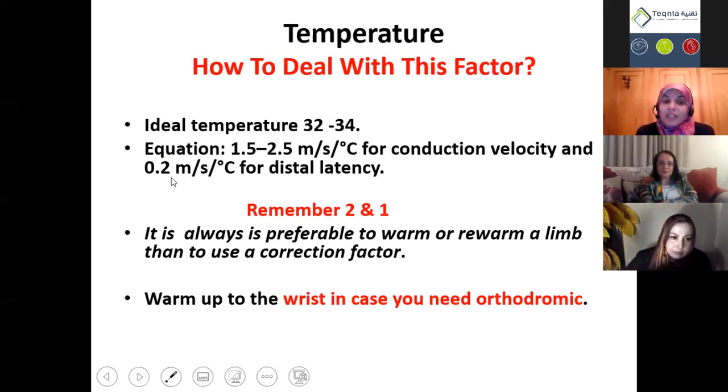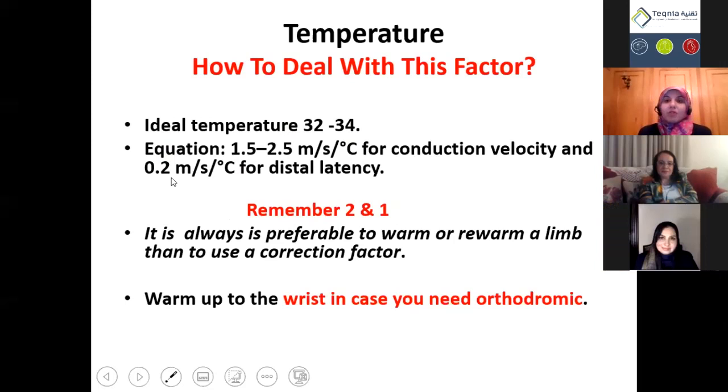A very important tip I learned from Dr. Eric in a webinar by Dr. N and the Egyptian Clinical Neurophysiology, and I will recommend it later in the videos, is that when you warm up, warm up to the wrist. You don't warm only here, because sometimes you use orthodromic techniques and you record from the wrist. So when you warm the hand of the patient, remember to make it to the wrist.